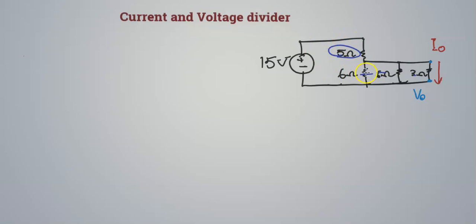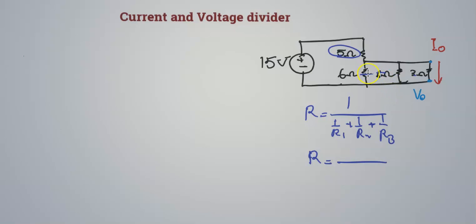If you notice, these three resistors are in parallel, which means we can use the equation for resistors in parallel, which is 1 over R equals 1 over R1 plus 1 over R2 plus 1 over R3 and so on.